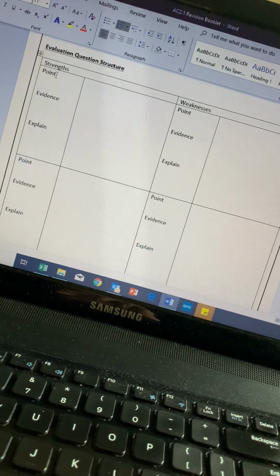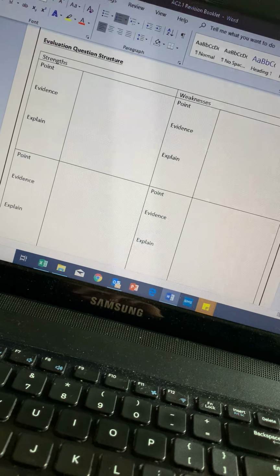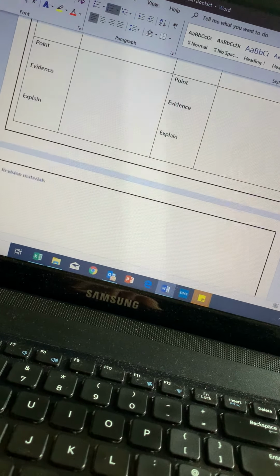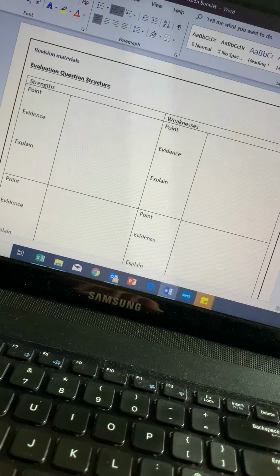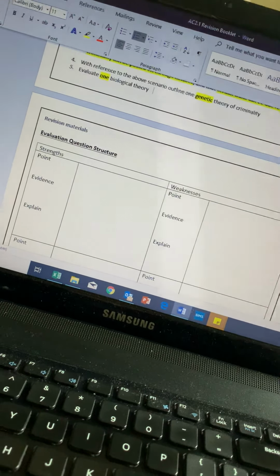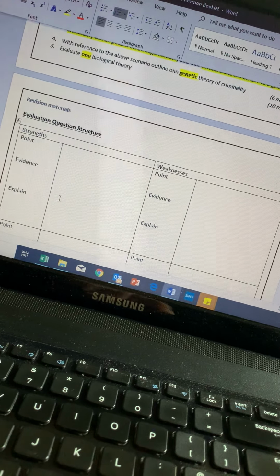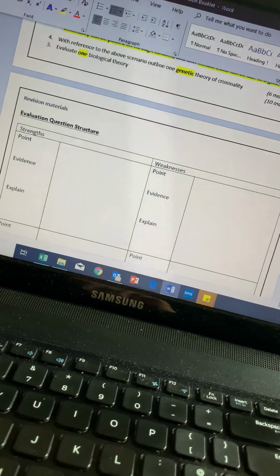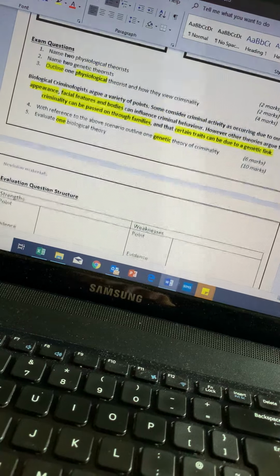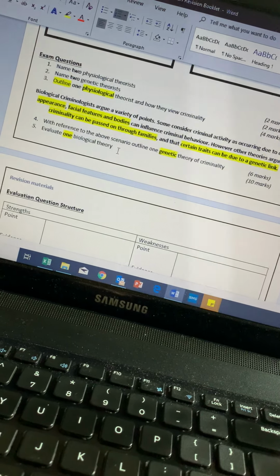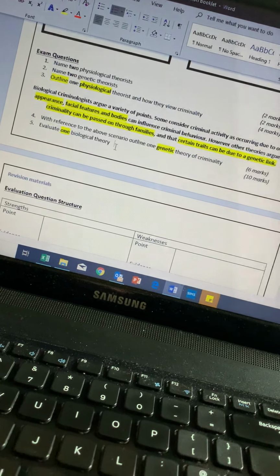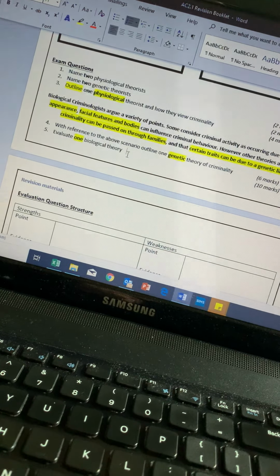The last bit then is just some question structure. Again, it's really important that you're doing your point, evidence, explain. If you haven't done this task yet, I strongly suggest you do it in order to familiarise yourself with putting your point down, putting your evidence down, and what you're explaining about it. If you do this for all of your points, you'll be absolutely fine. Just remember about the biological evaluation and the validation of theories in general.